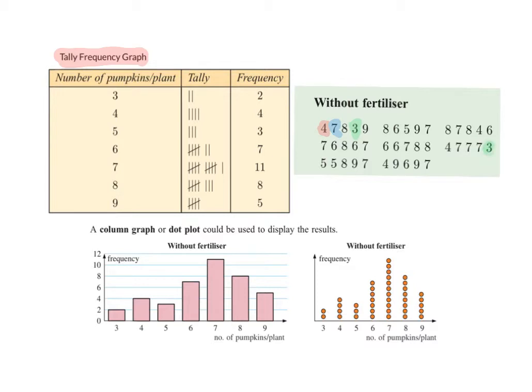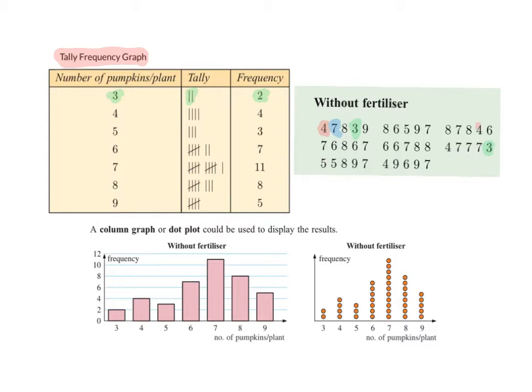If I go over to my graph, I'm going to write 3, and then my tally would be 2 because it happens twice, right? There are 2 plants that have 3 pumpkins each, and so my frequency would be 2 because it happens twice in the data set. If I move on to 4, well, I already have 4 highlighted once. Let's see if I can find it again.